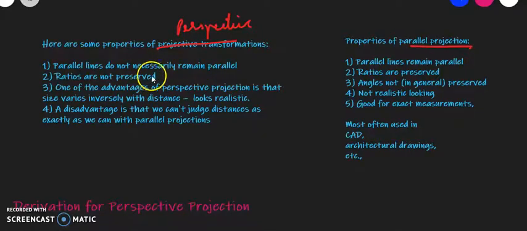Okay, so if the lines are parallel to each other, it could not be parallel in case of the 2D image that is being formed. So in parallel projection, the parallel lines remain parallel. The ratios are not preserved, as in the width to height ratio of any object is not preserved in case of perspective projection. The ratios are preserved in case of parallel projection, right?